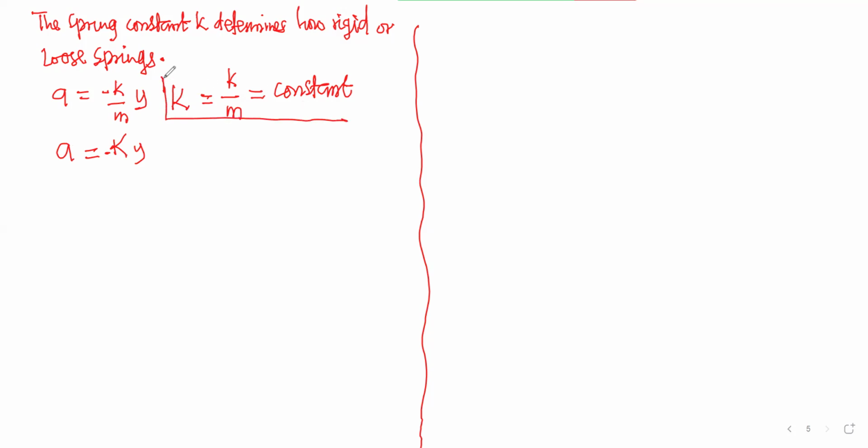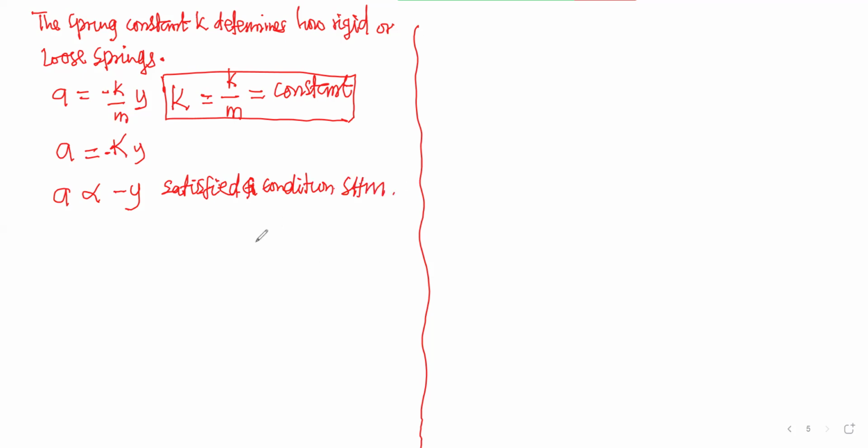We've managed to prove that the motion of a loaded spring, its acceleration is directly proportional to its displacement Y or extension Y and oppositely directed. So we have satisfied a condition for SHM.